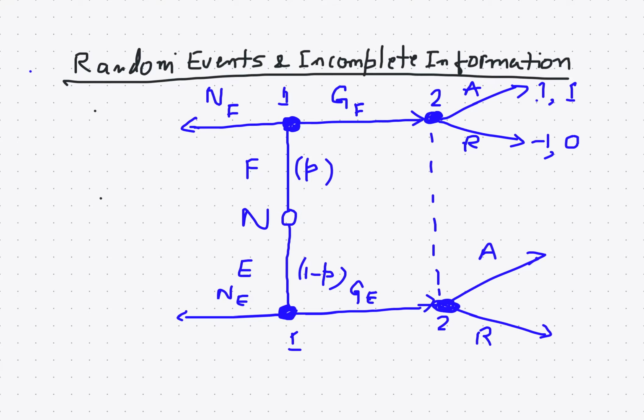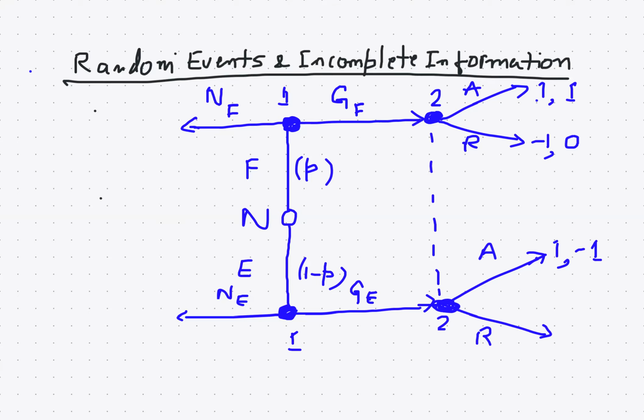At the bottom node, if player one gives a gift as an enemy type, keep in mind that unless player two opens up the gift, she doesn't know whether she's facing an enemy or a friend. Here, the enemy type gives the gift and player two accepts and opens it. Clearly, she's going to be worse off. So in this case, player one still gets 1, but player two gets -1.